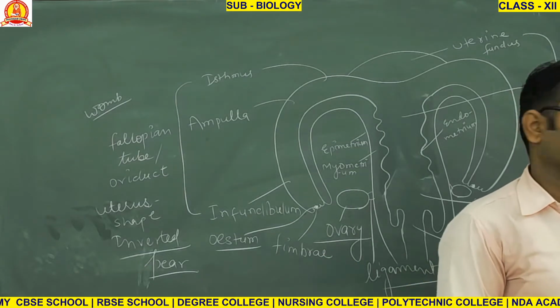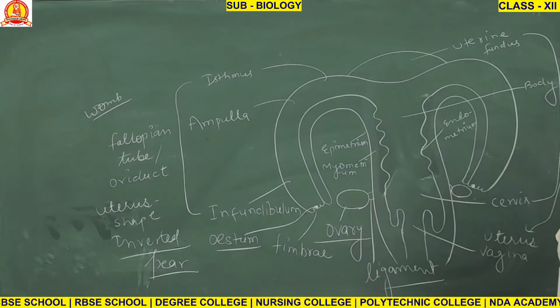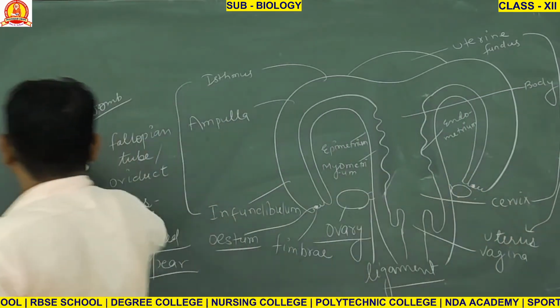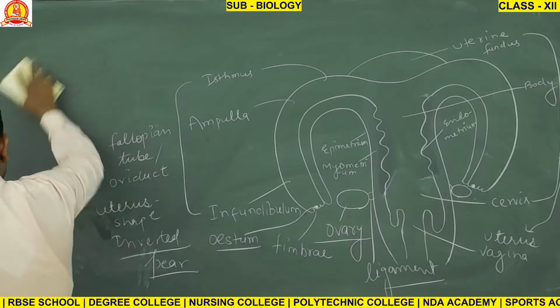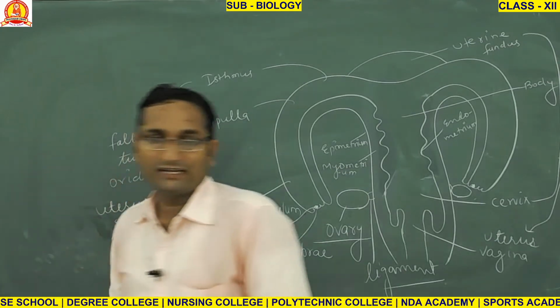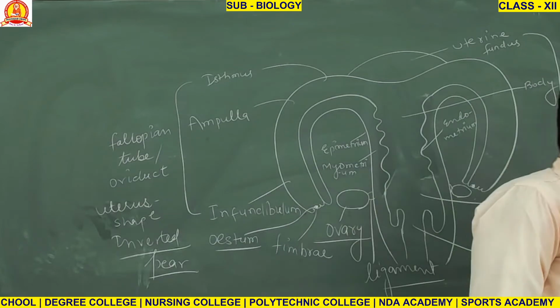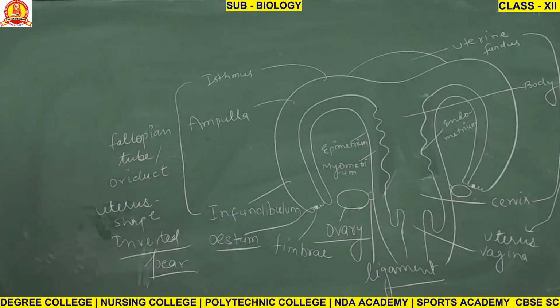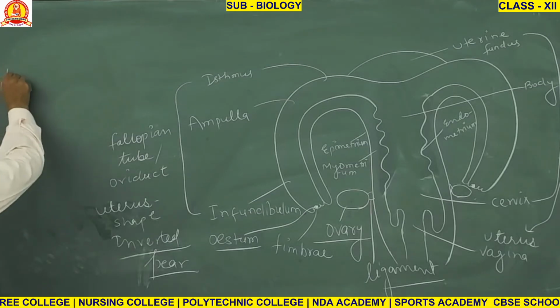Then after this, description of female reproductive system. In description, first of all, about primary reproductive organs, and these primary reproductive organs are ovaries. So description about ovaries.